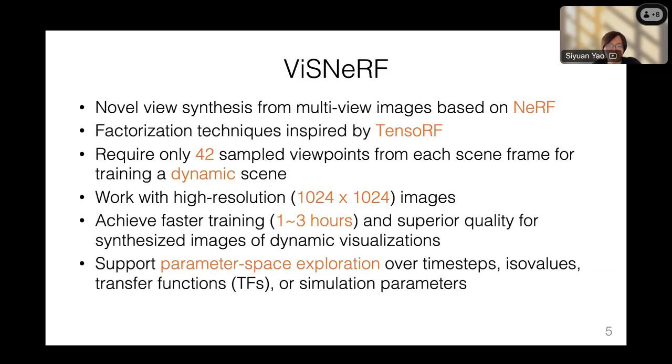And we achieve faster training speed, which only takes 1 to 3 hours, with superior generation quality. And we also support parameter space exploration over time steps, ISO values, transfer functions, and multiple simulation parameters.